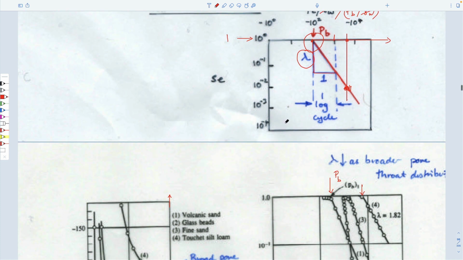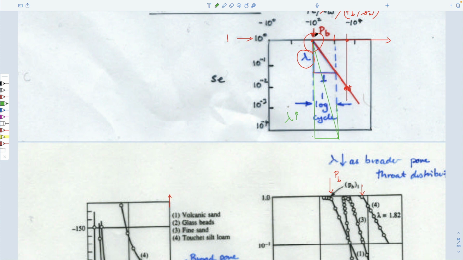And so physically what that means, I suppose you could imagine this being two different gradients. So if you had a log cycle, this is the log cycle here that defined this. So I guess for one log cycle, this would be a lambda value which is large. So a very steep curve is a large lambda.